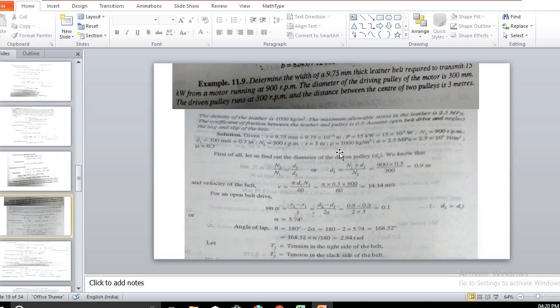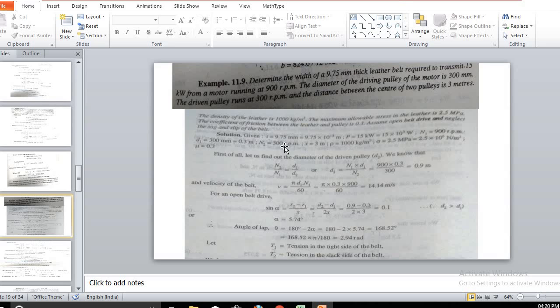Density is given as 1000 kg per meter cube. The allowable stress sigma is also given, 2.5 megapascal.